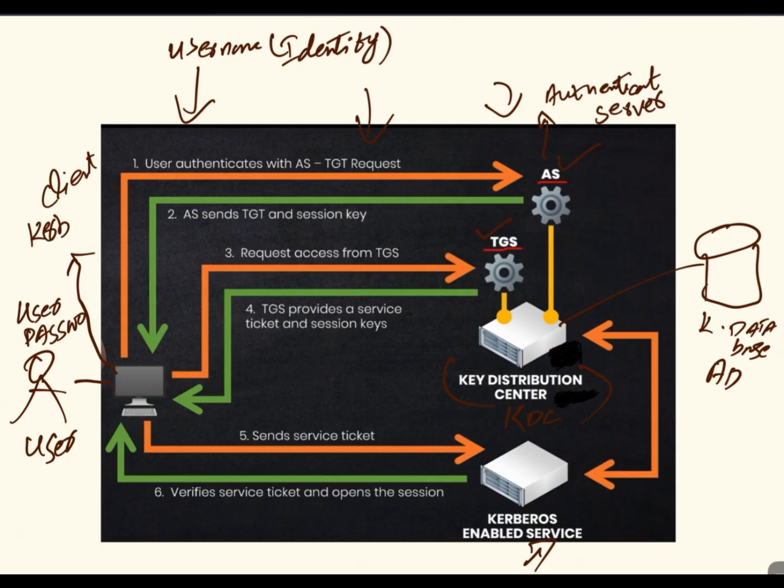looks up the password hash in AD, right? So what will the authentication server do? It will check against that identity, that username, the password hash in the AD, or let's say the Kerberos database, whatever it is, just for understanding purposes.